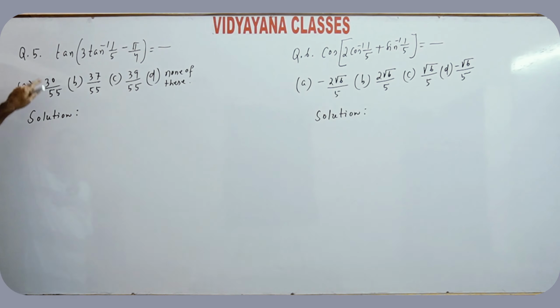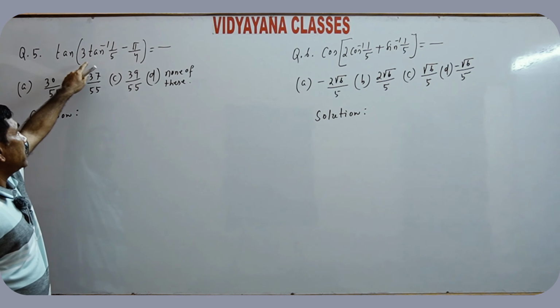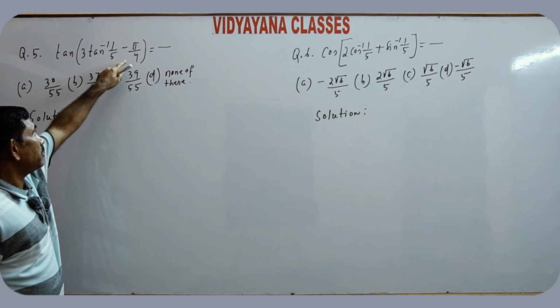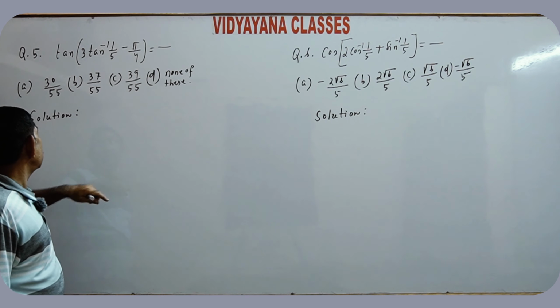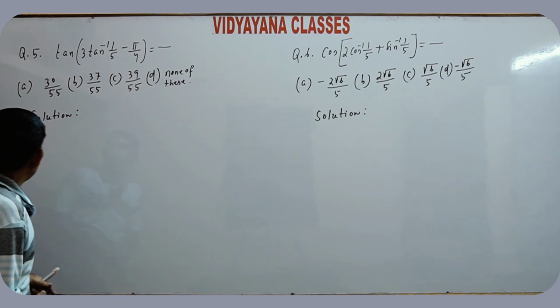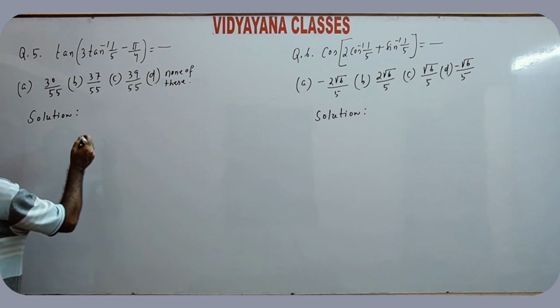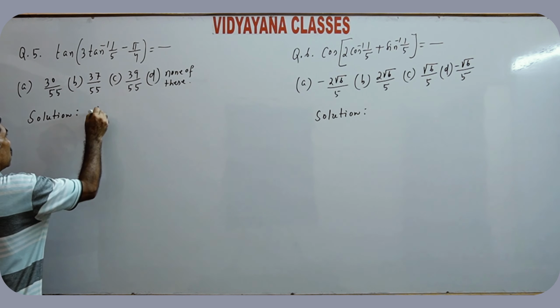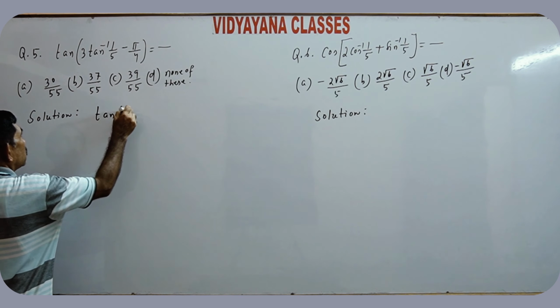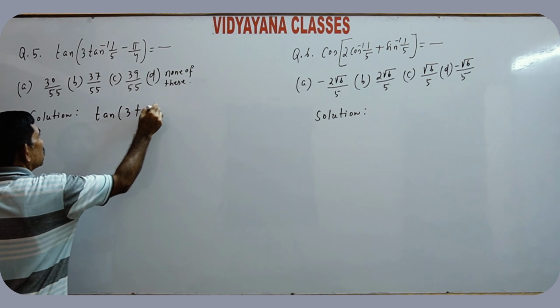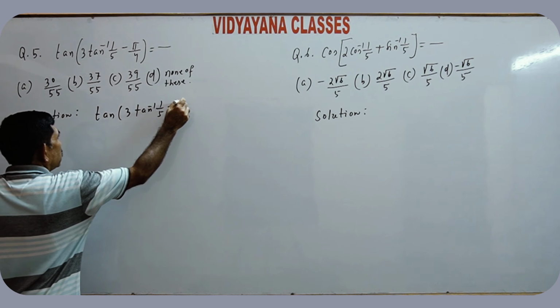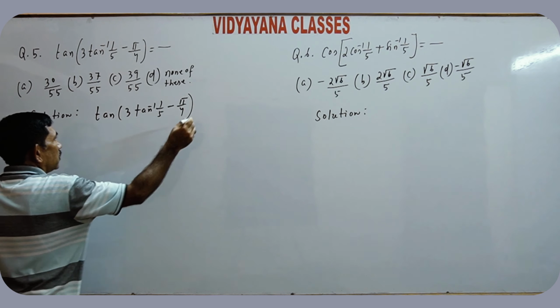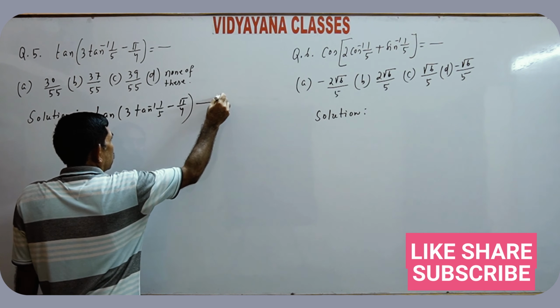Next, question number 5. Tan of (3 tan inverse 1 by 5 minus pi by 4) is equal to dash. Solution. Tan of (3 tan inverse 1 by 5 minus pi by 4) is taken as star.